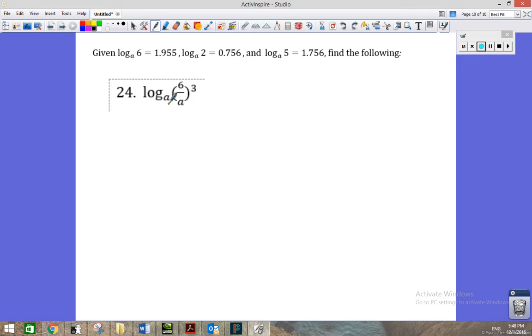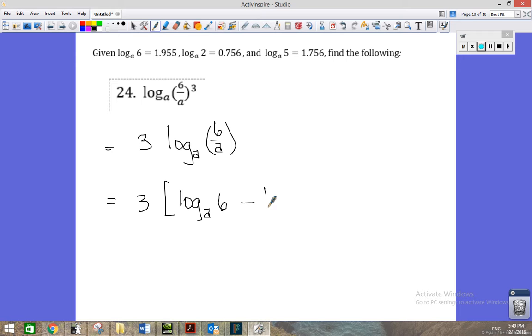All right, now we have the log of this fraction, but that fraction is being raised to the 3rd power. I need to deal with that power first, and by the power rule, pull that down as a coefficient. And now, since I have the log of a fraction, I need to break this log up into a difference of two logs. Since I'm multiplying this by 3, I have to multiply both of these terms when I break it apart. When I have this log base a of 6 of the numerator minus log base a of the denominator, it's 3 times both of these terms, not just one of the terms.